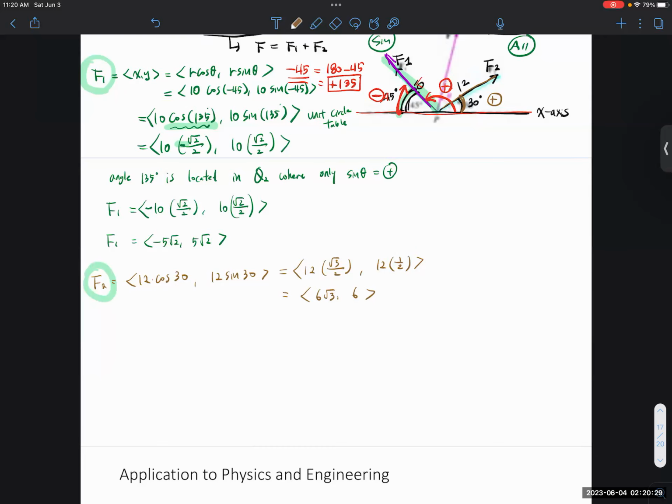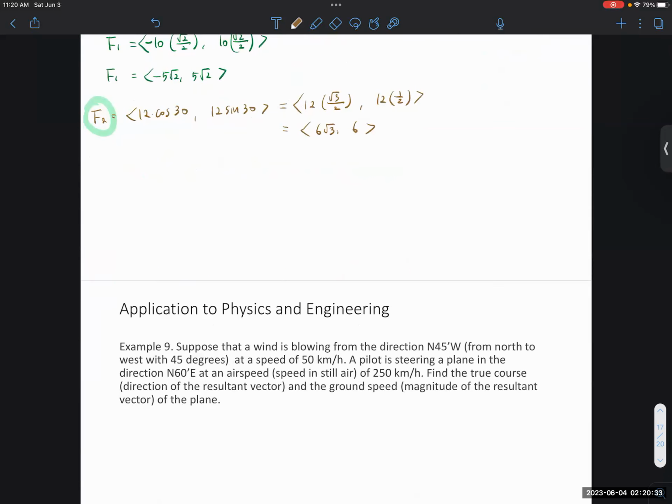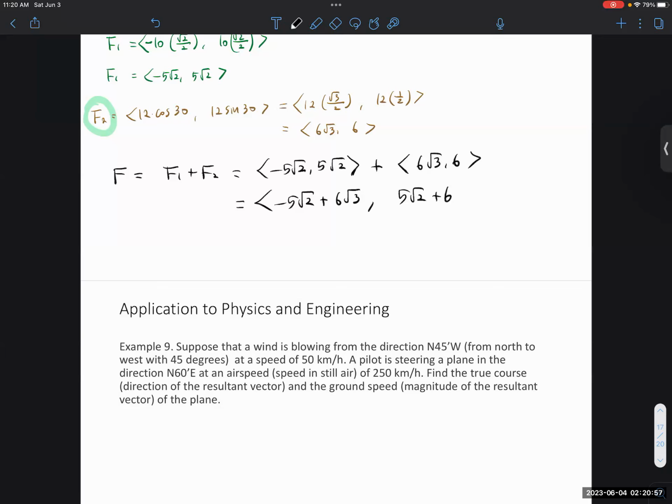Now we are looking for the resultant force, which is a summation. So F is going to be F1 plus F2. So F1, negative 5 radical 2, comma, 5 radical 2, plus F2, 6 radical 3, 6. Adding, we get negative 5 radical 2 plus 6 radical 3, comma, 5 radical 2 plus 6. This is your resultant force summation.